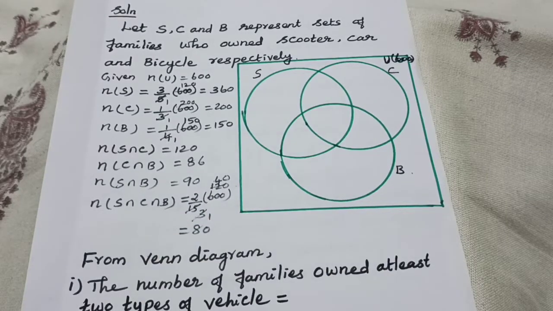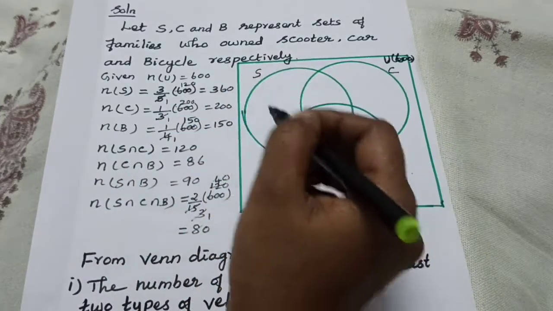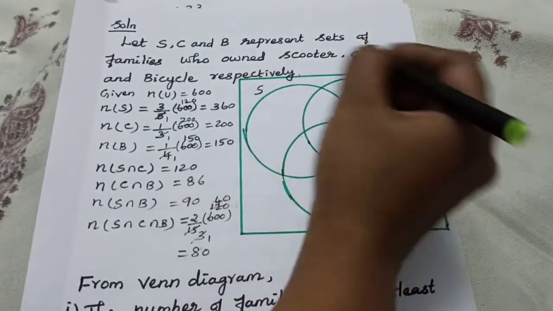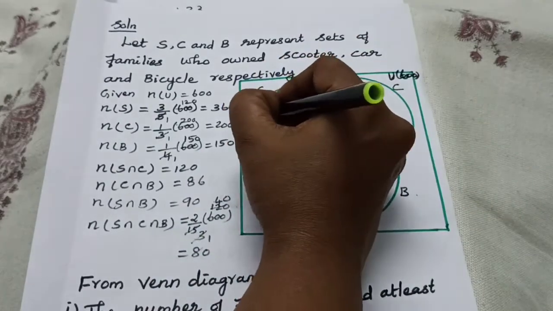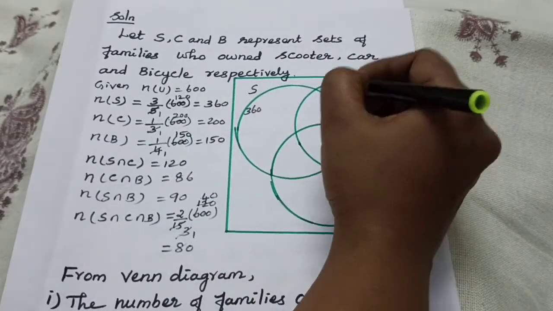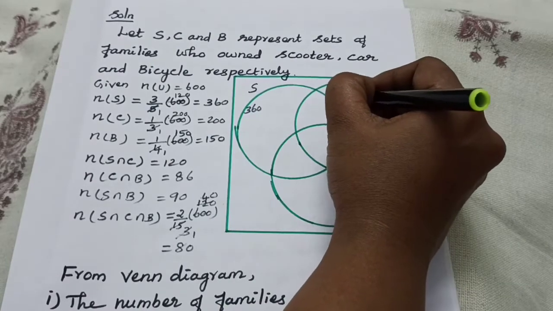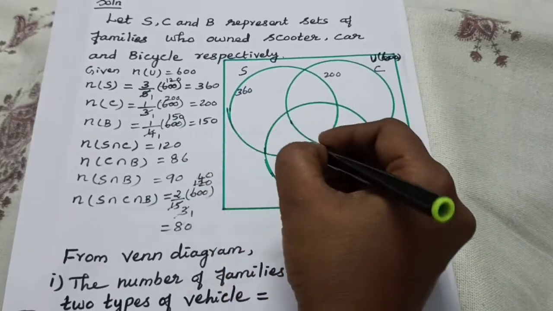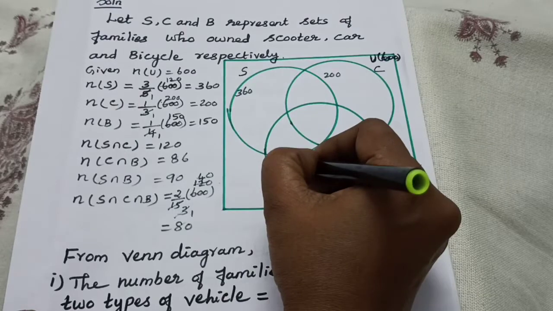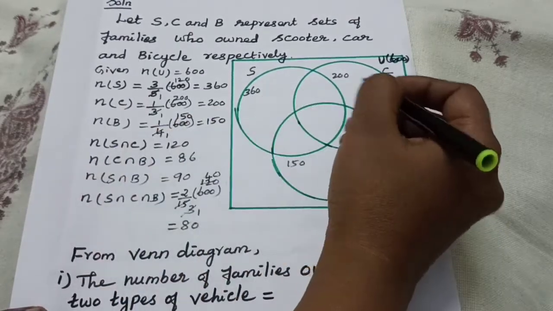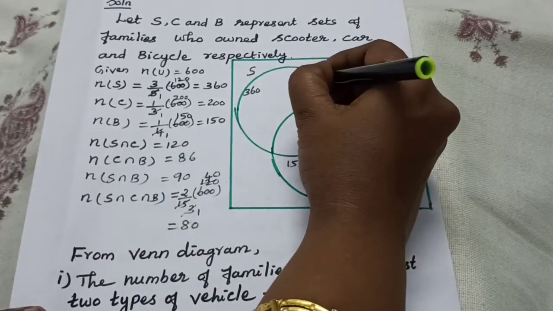Okay, from the Venn diagram, then we have to write what? Here n of S we know, 360. N of C we have to mark here, 200. Then n of B is 150. Then n of S intersection C is 120.